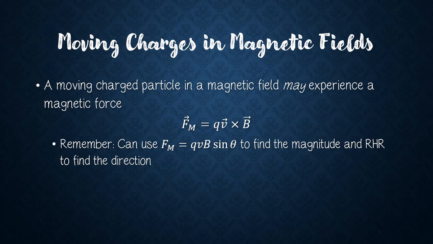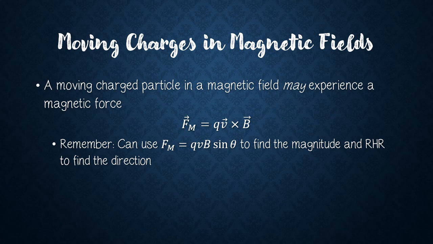A reminder about that right-hand rule: anytime we're using the cross product, our thumb represents the first vector, or the v in this case. Our first finger represents the second vector, or the B, and then our other three fingers represent what that is equal to, so they would represent force in this case. One really important note here: that q doesn't have absolute value signs around it.